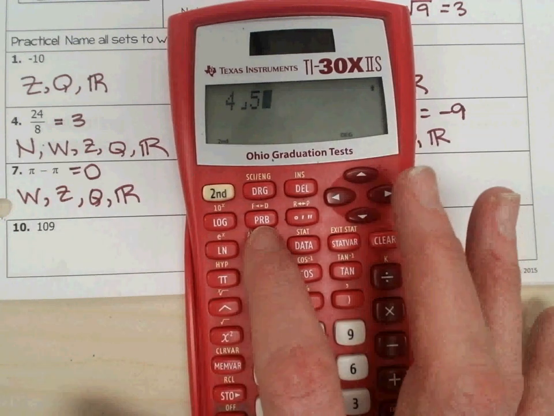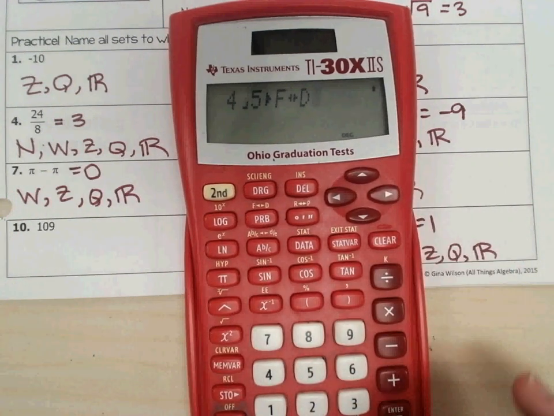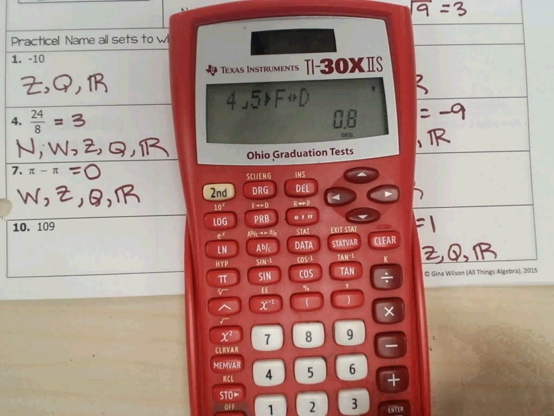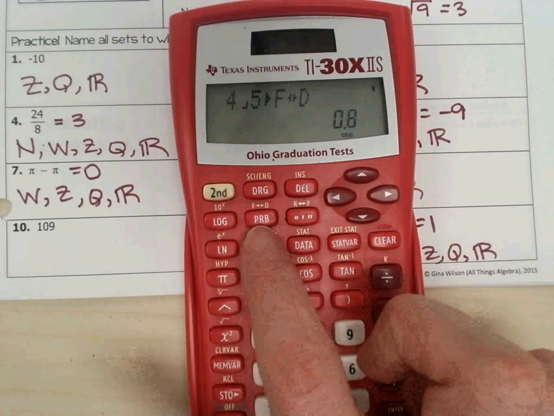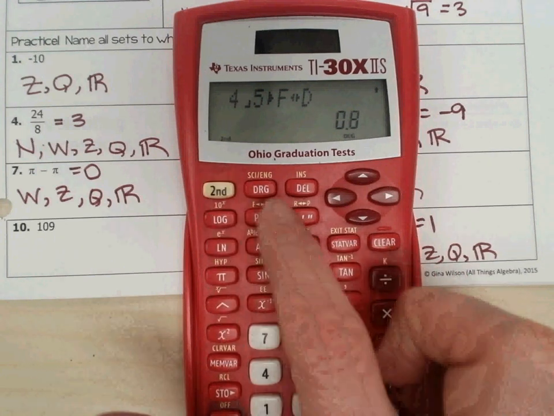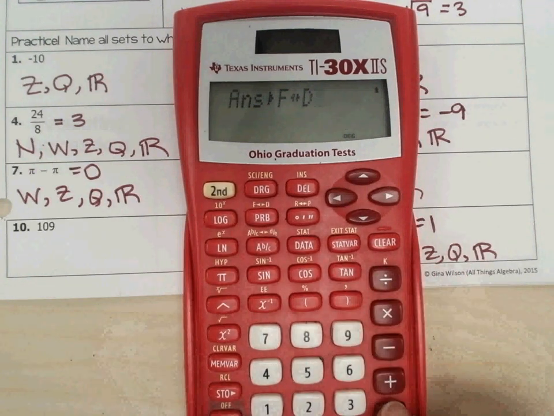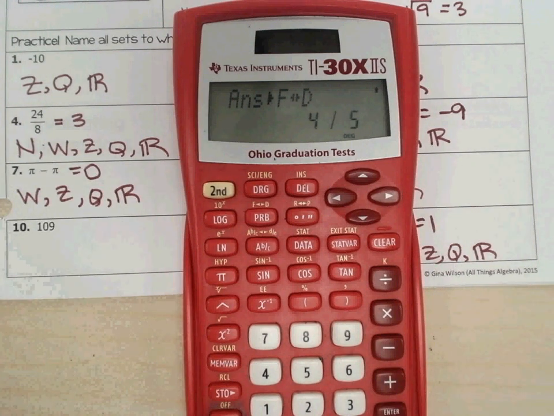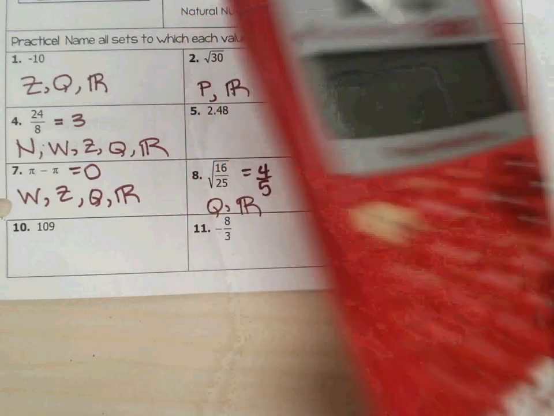You press the second first. So if I hit second and then the PRB button, I can translate between a fraction and a decimal. See the F to D above it. So then I can switch back and forth between fractions and decimals that way.